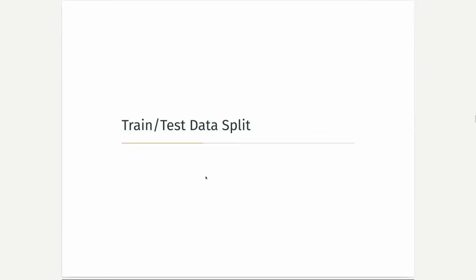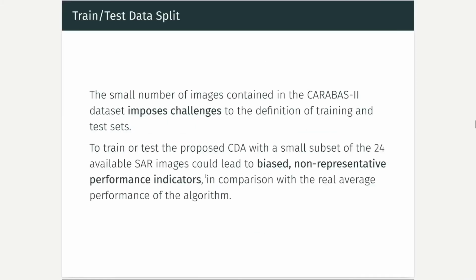For the train test split, we had a problem because the Carabas dataset had only 24 SAR images, and we could not separate even more this small dataset. We had to come up with a solution to use all 24 images for both test and training.